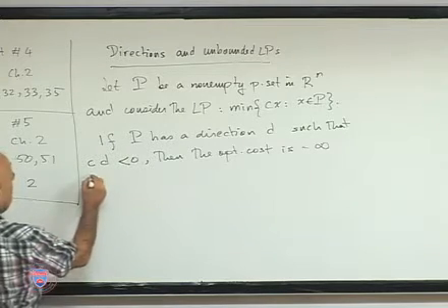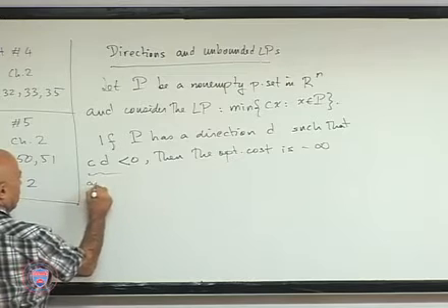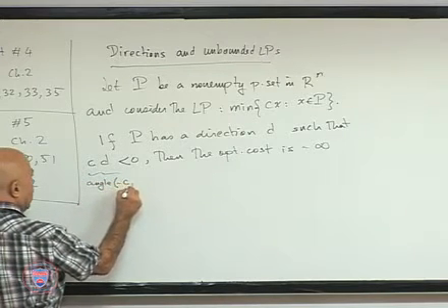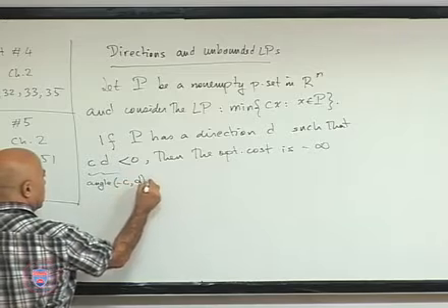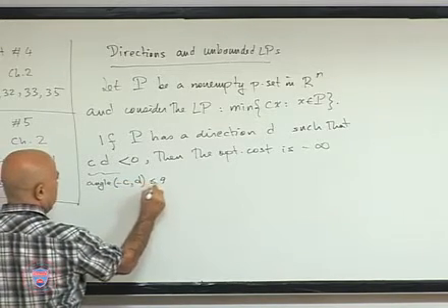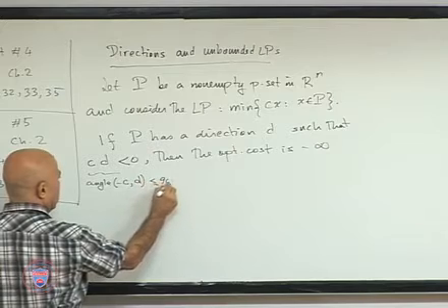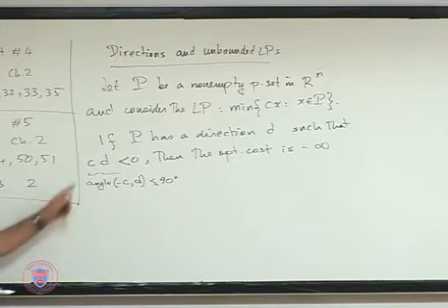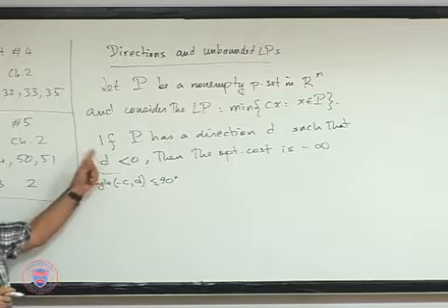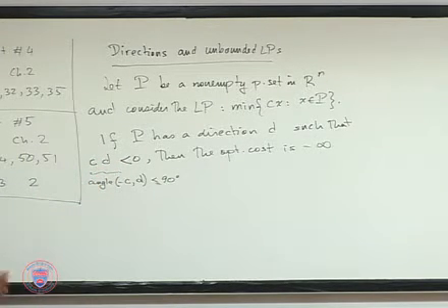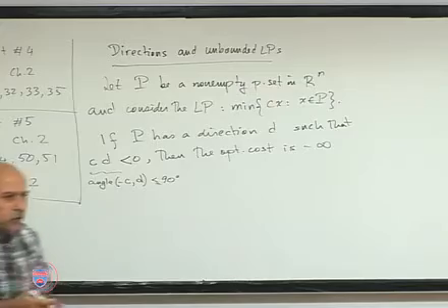Of course, what this means is the angle between minus C and D is less than 90 degrees, right? That's what it means. The angle between C and D is greater than 90, so the angle between minus C and D is less than 90.